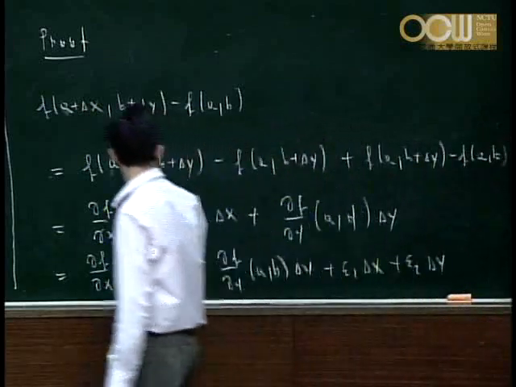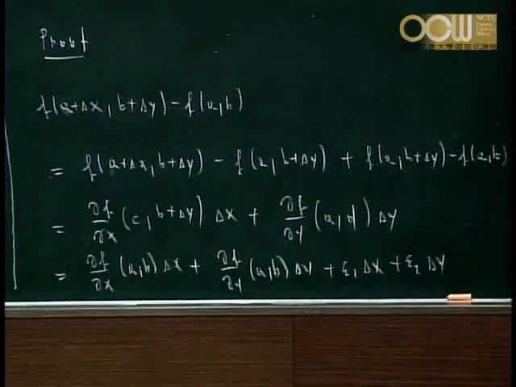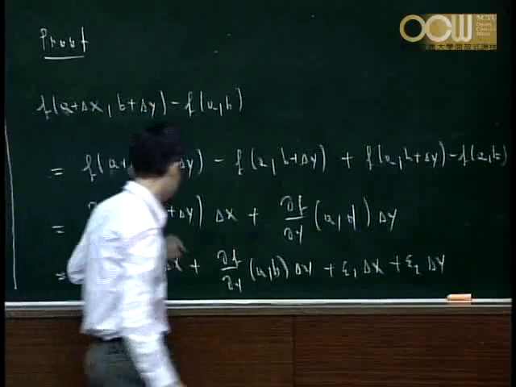So what is epsilon 1? Epsilon 1 is with respect to delta x.